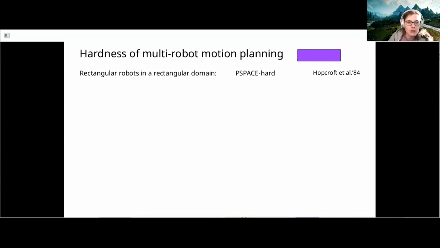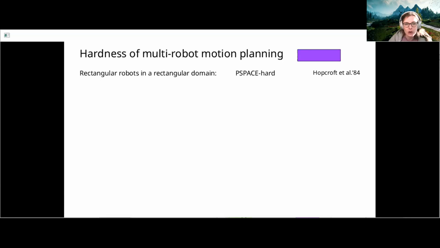First, let me introduce some of the known results on how hard it is to find schedules for multi-robot motion planning. Right now, we're going to stick to rectangular robots, rectangular or square, so 90-degree corners.